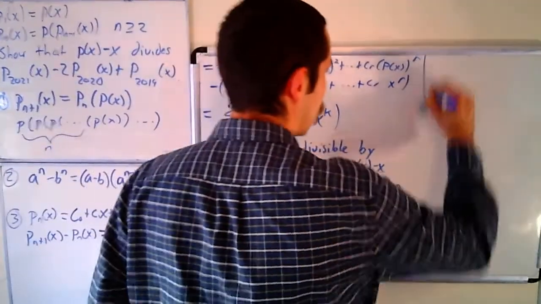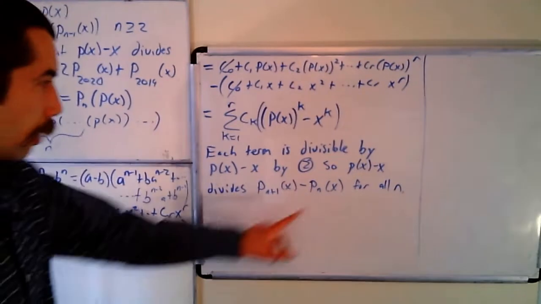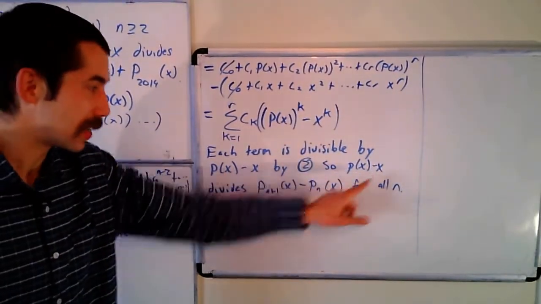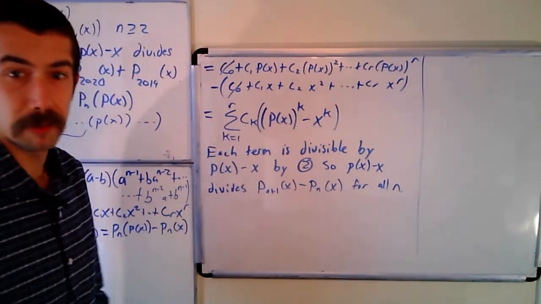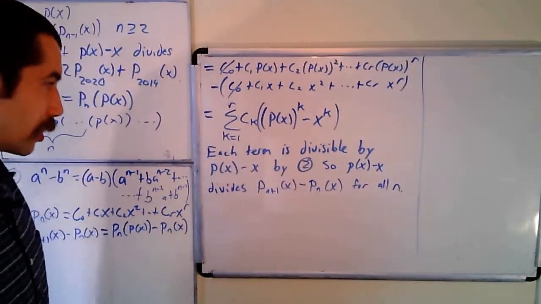Okay, and now we're basically done. We showed p of x minus x divides p of n plus 1 minus p of n of x for all n. And so how do we finish?